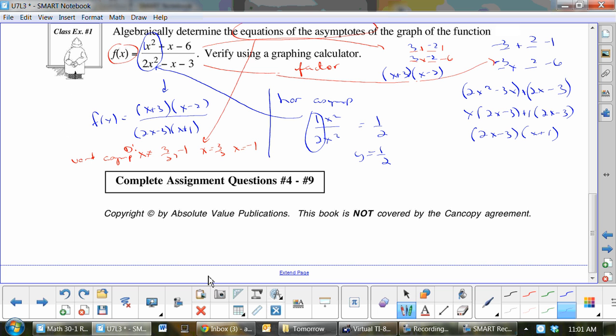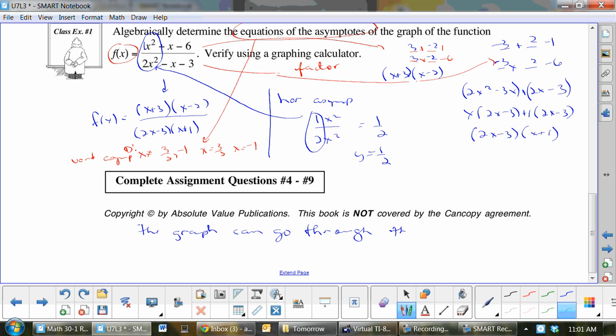So here is kind of what I need you to know, is that the graph can go through the horizontal asymptote, but will reach the asymptote at infinity.